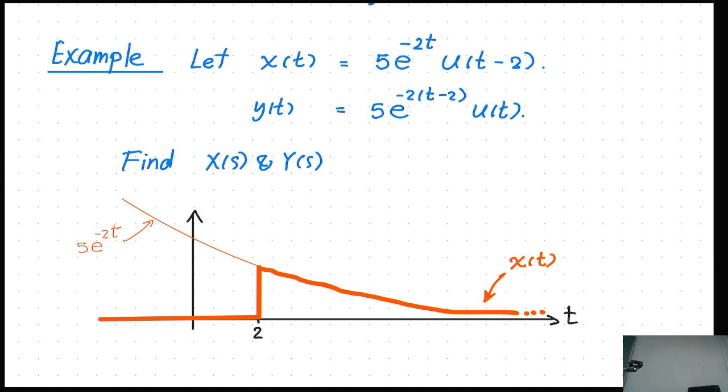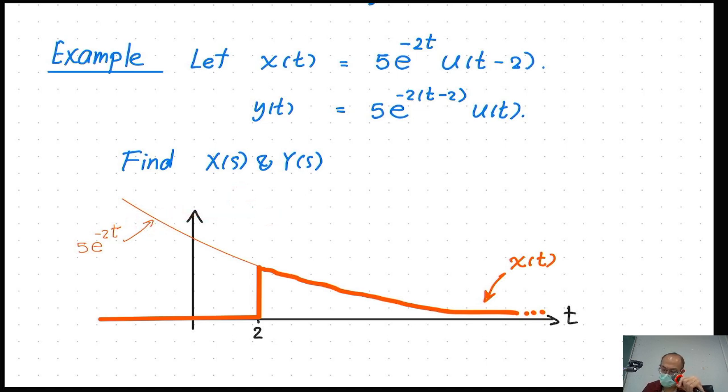Let's ignore u(t) for a while. This expression is 5 e to the negative 2t shifted to the right by 2, where the 2 here means shifted to the right. So to draw y, you have to shift this thin orange line to the right by 2 time units.